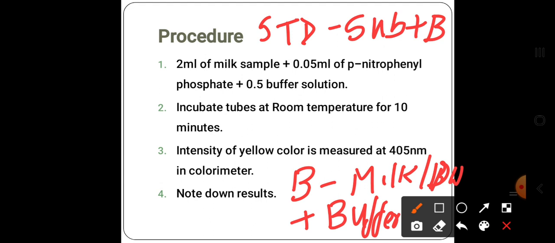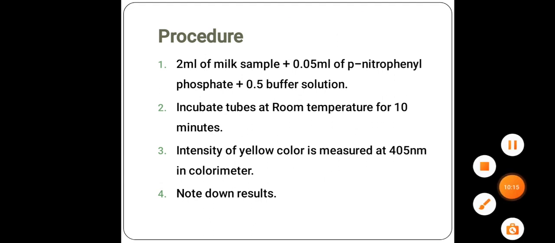In the blank we will not add the substrate, para-nitrophenyl phosphate, but in the test labeled tube we will add milk sample, substrate as well as buffer solution.